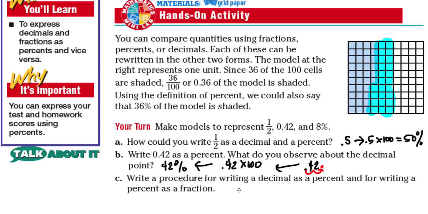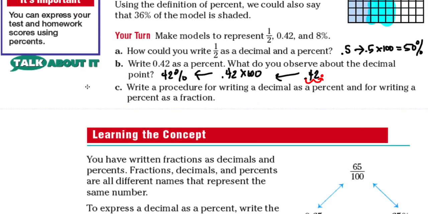Now write a procedure for writing a decimal as a percent and for writing a percent as a fraction. To write a decimal as a percent, you simply move the decimal point 2 spaces to the right.